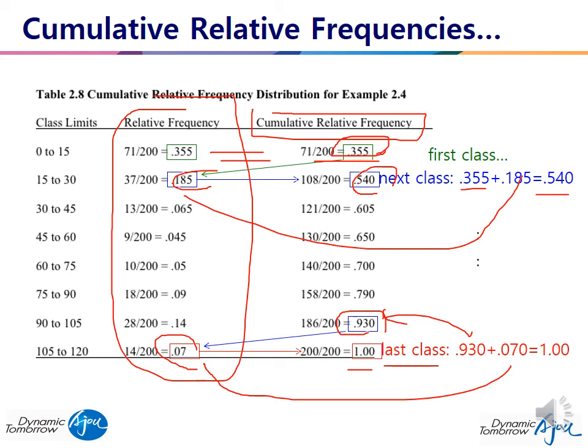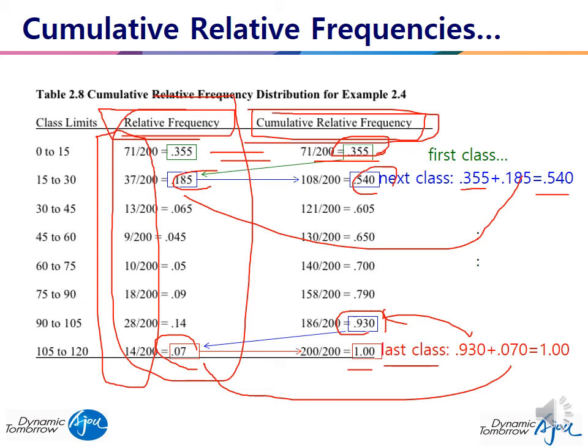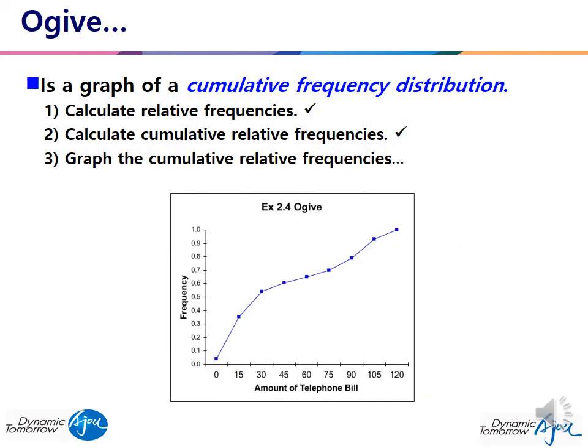So to create an ogive, you should create the relative frequency, then the cumulative relative frequency, then you create the graph. Then this is an ogive. An ogive is a graph of a cumulative frequency distribution.